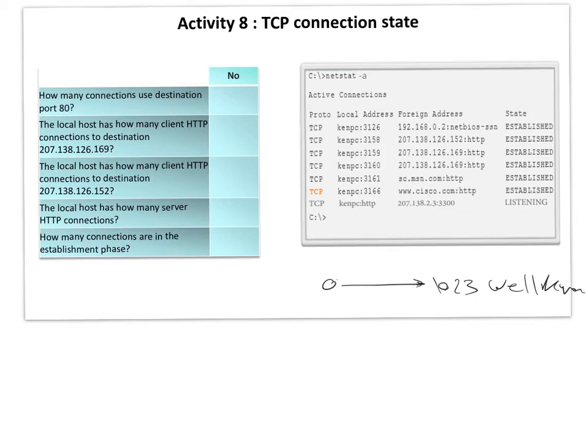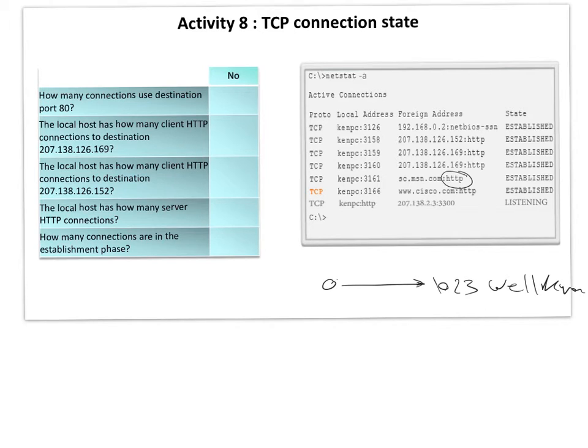So in that case, as you can see here, the port numbers are actually represented by the name directly. These are port numbers, by the way, but because they are for well-known services, we use the name to represent the port number. So when we see HTTP, we know that this is port 80.